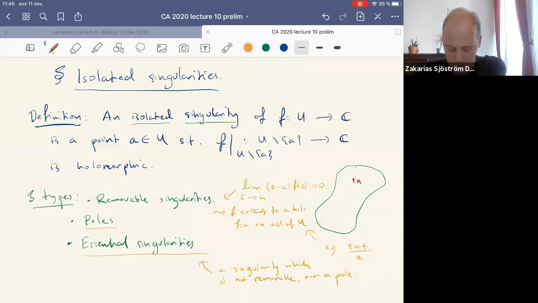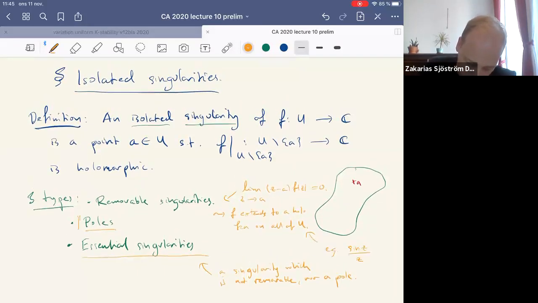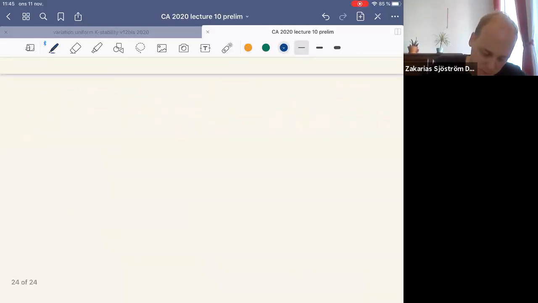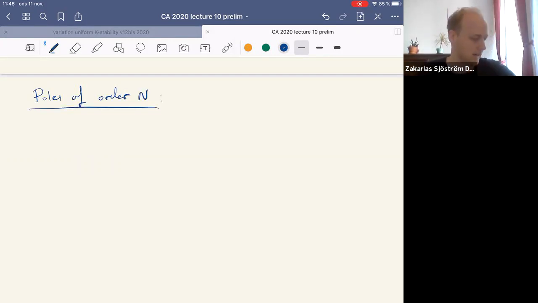And an example of an essential singularity would be something like the exponential e to the 1 over z or something like that. So this one we'll look at later. But the topic that I'll focus on in the next few slides here will be poles, and poles of order n, more specifically. So we'll talk about poles of order n.